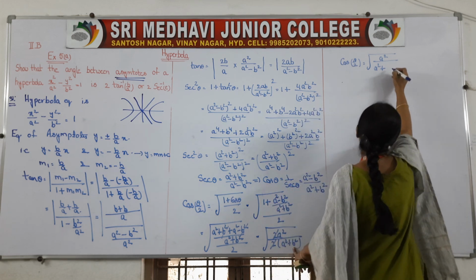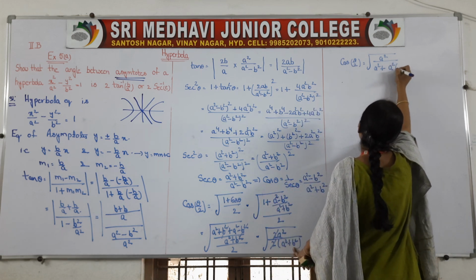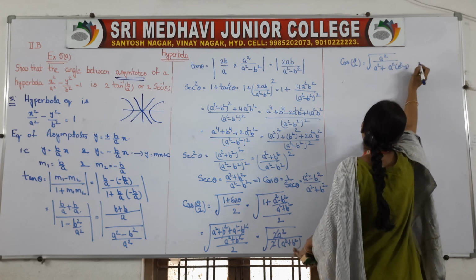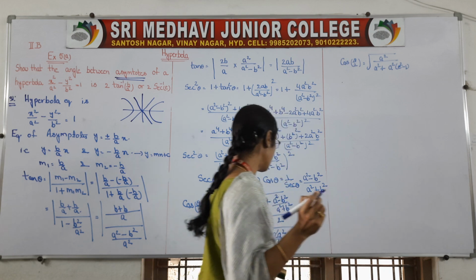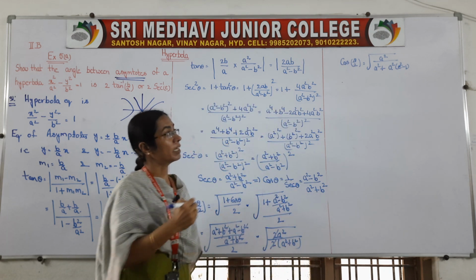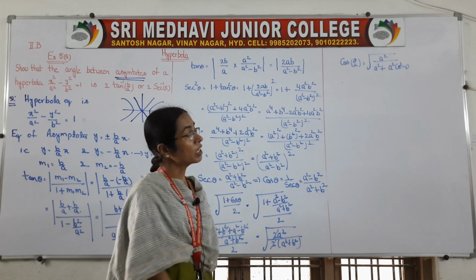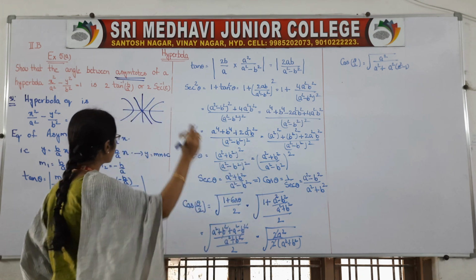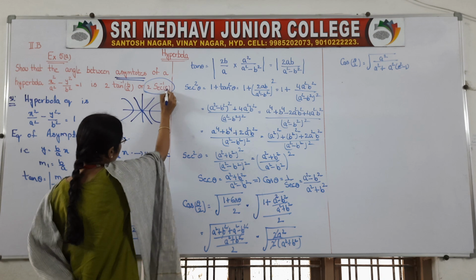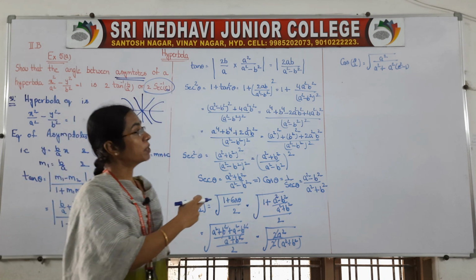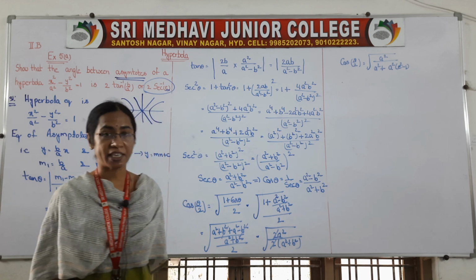There is a formula for b². What is that? a²(e² − 1). In a hyperbola, the formula for b² is a²(e² − 1). Why are we doing all these things? Here we have to get the answer in terms of e. That's why I converted b² in terms of e.